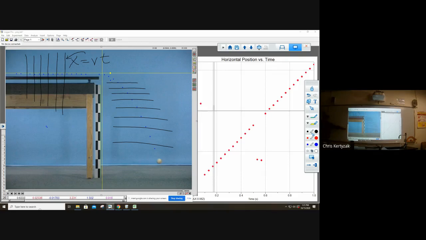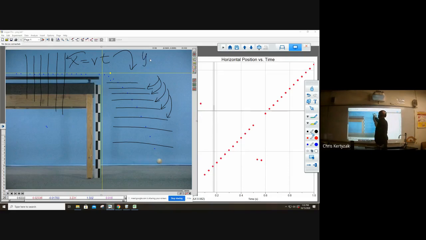If I said similarly, was there a horizontal formula for once it was in the air? Yeah, that worked for both sides. We already saw that it stayed at a horizontal constant speed on the table and in the air. Now we're asking the same question about the vertical position. What formula would we use to model the fact that the vertical distance it falls each second is getting wider and wider and wider?